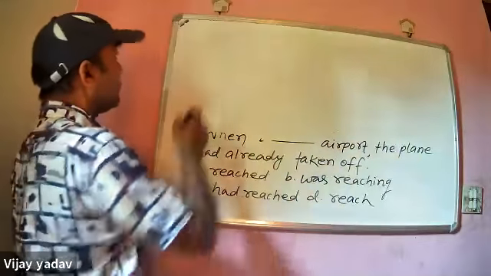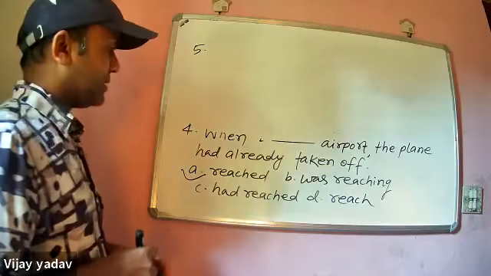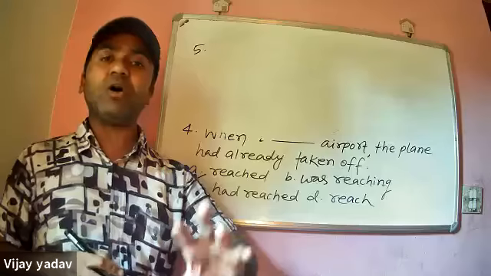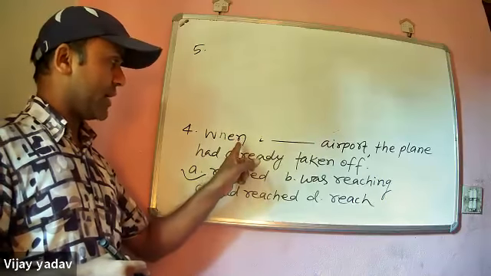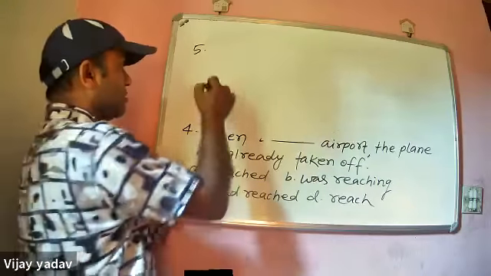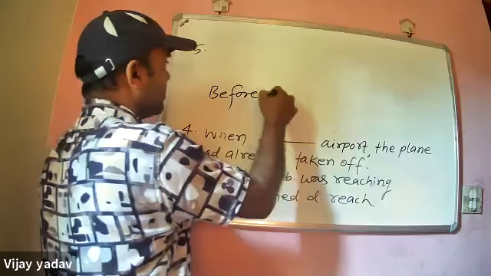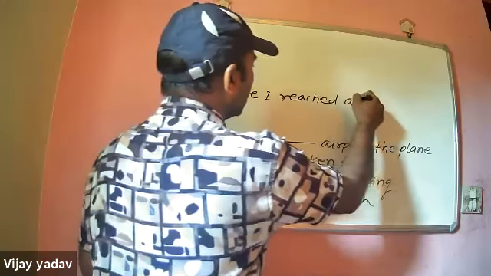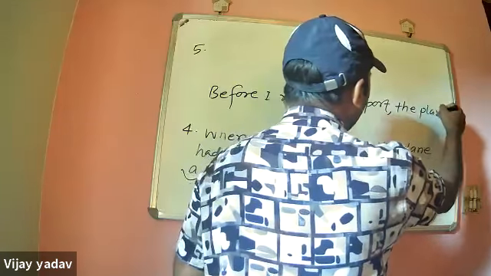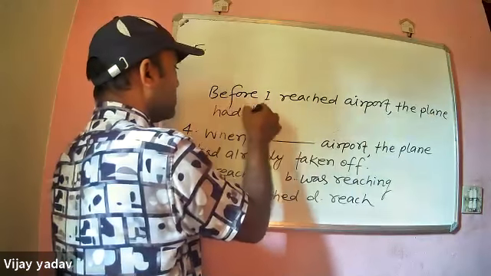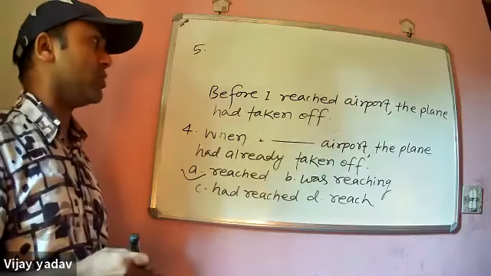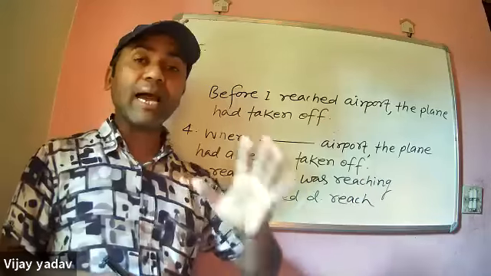Then number 5, and here let me tell you that the same sentence can also be written by using after or before. You can write before I reached the airport, the plane had taken off. The question can be asked from this also. Here you don't use already, because the meaning of already is given by before.